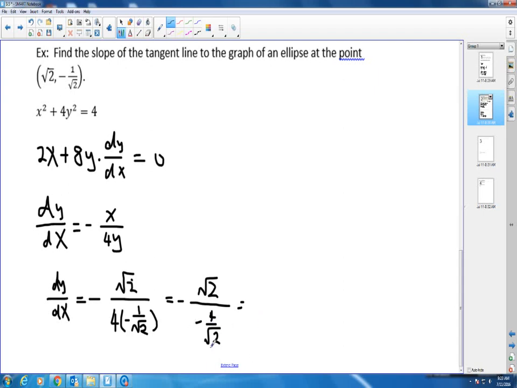So if we flip it, that will give me square root of 2 that was on top times the reciprocal. The square root of 2 will flip to the top, still divided by 4. So square root of 2 times square root of 2 is 2 over 4, which will make a half. Alright, so the slope of the tangent line at this point is a half.